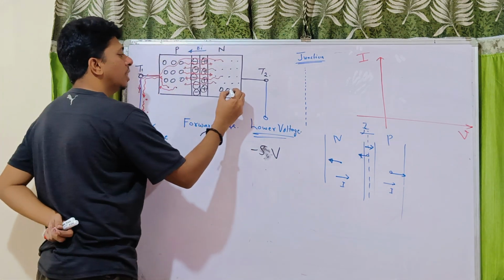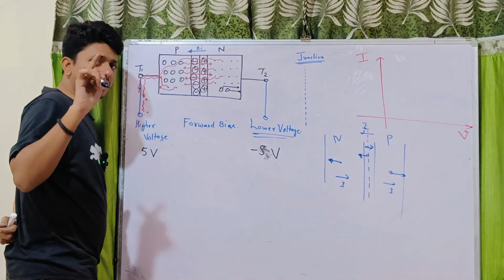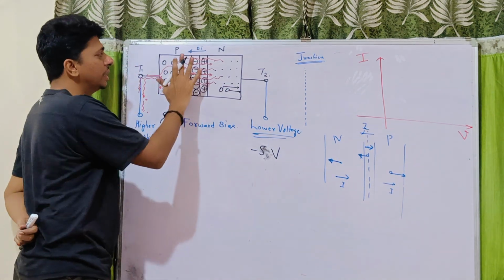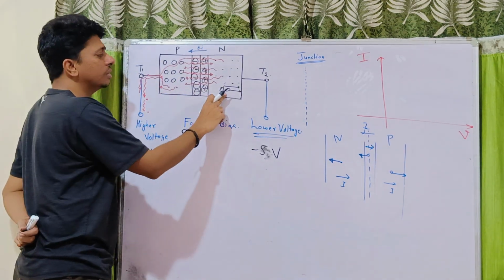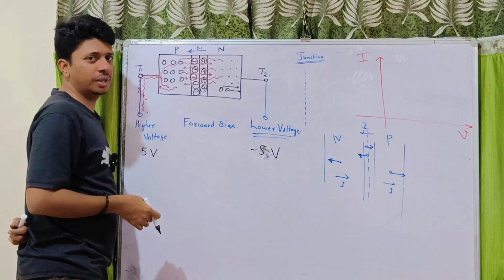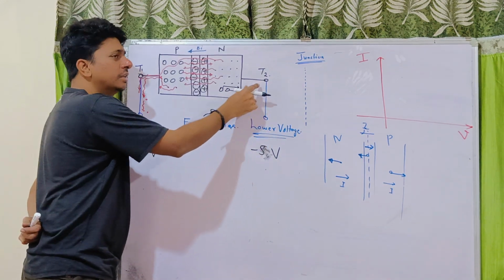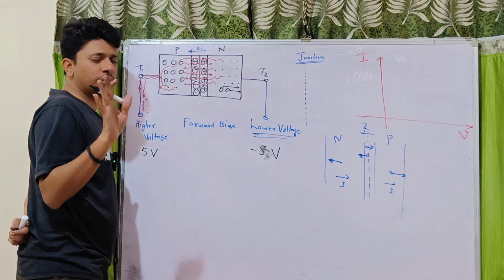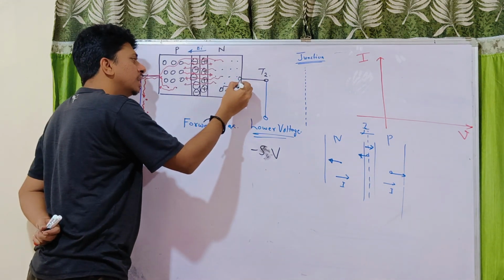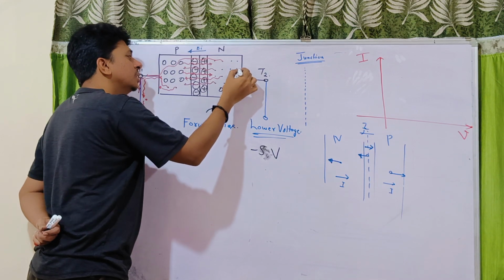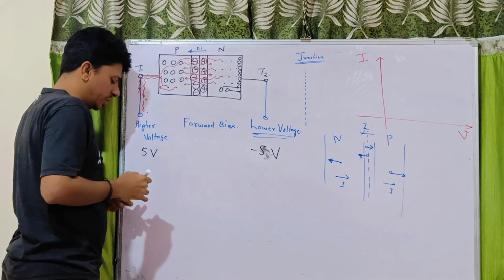Similarly, these holes are attracted by this, but remember that holes are a concept only for the semiconductor material. There is no physical meaning of holes outside the semiconductor material. So this is basically a conducting wire. In a conducting wire, there is no concept of holes. So holes may come to this point only, and after getting from this, they will accumulate in this picture.